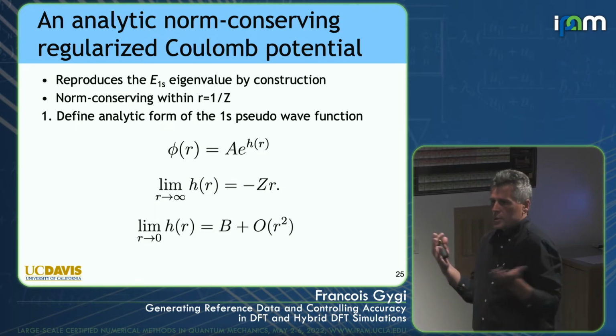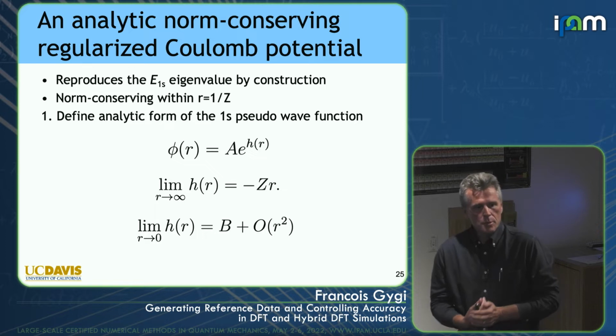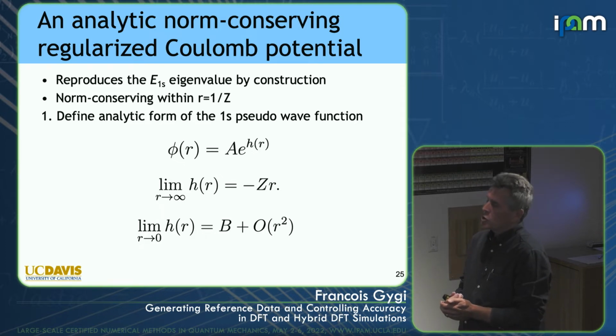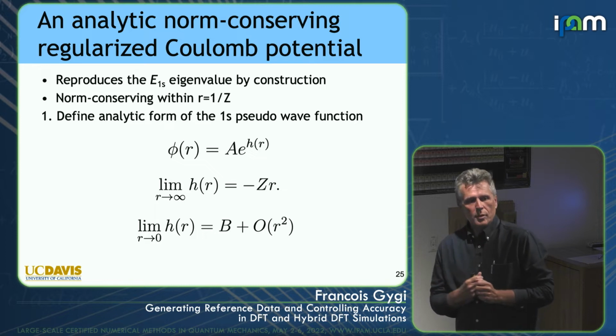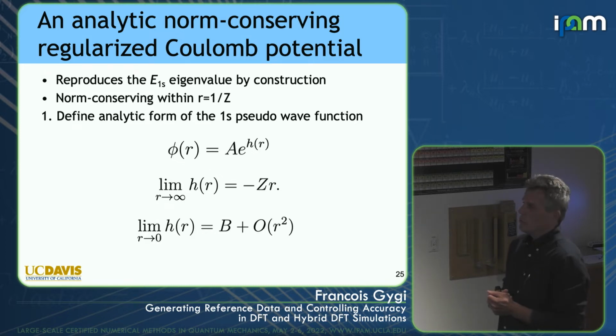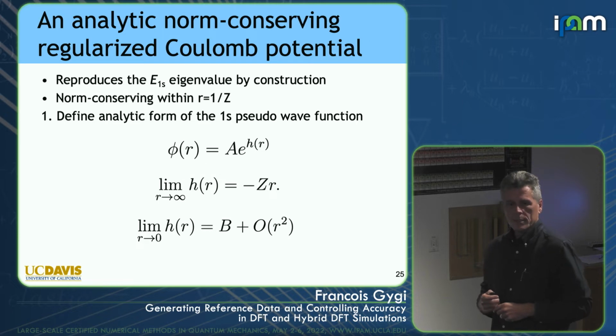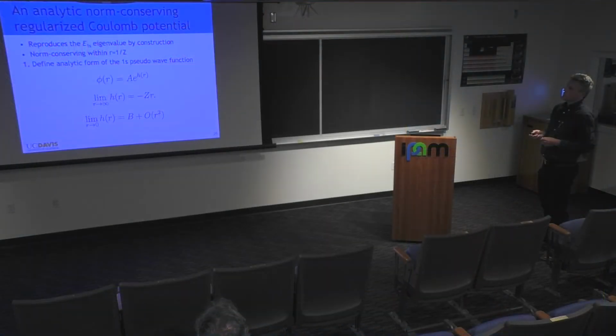Of course, you have a singular potential, so you need to regularize it, and you have to choose carefully what function to use to replace the Coulomb potential. So what we propose here is to choose a potential that will, by construction, reproduce the 1s eigenvalue of the all-electron problem, the eigenvalue of the 1s electron in our atom.